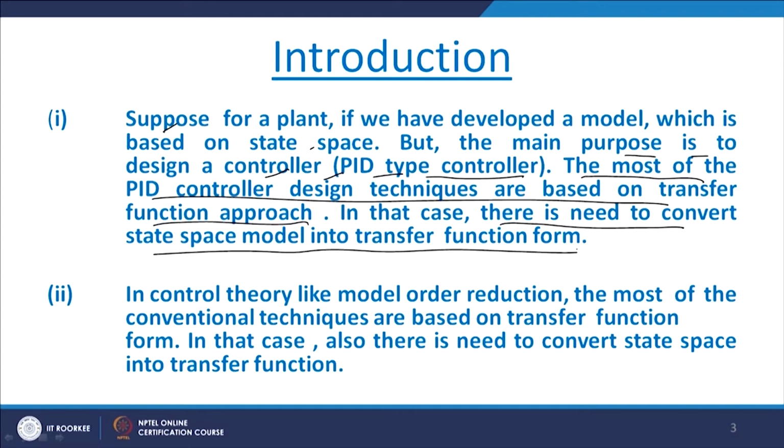Now, the next point: in control theory there is one area called model order reduction, where we reduce a higher order model to a lower order. But if the system is given in state space form, then reducing the model is quite difficult, since a lot of the available techniques are based on the transfer function approach.